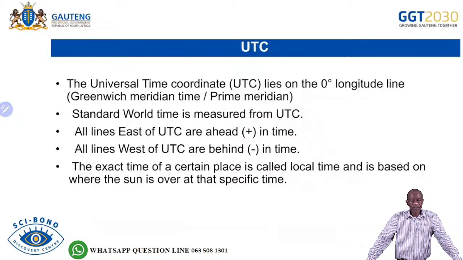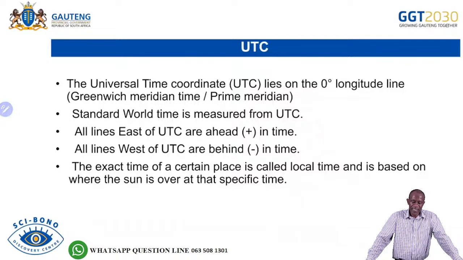So I need you to understand the importance of these lines of longitude, starting with the main one, which is the UTC. The UTC in full is the Universal Time Coordinate.